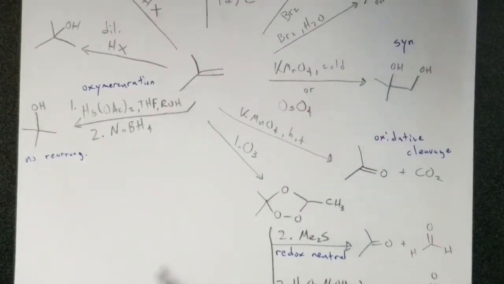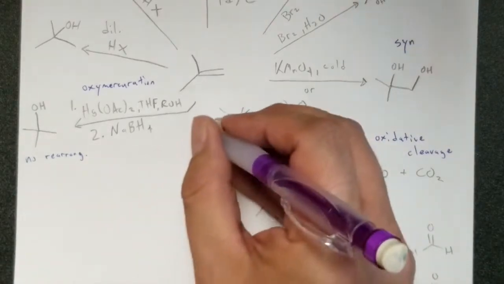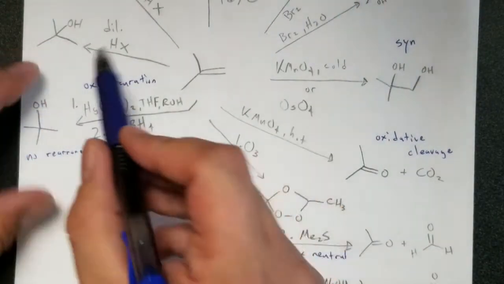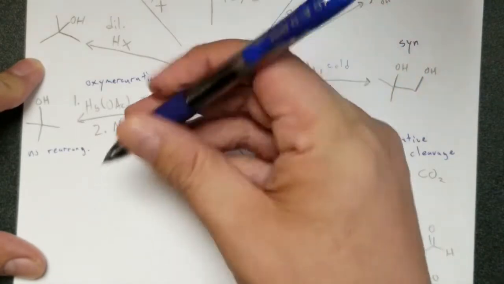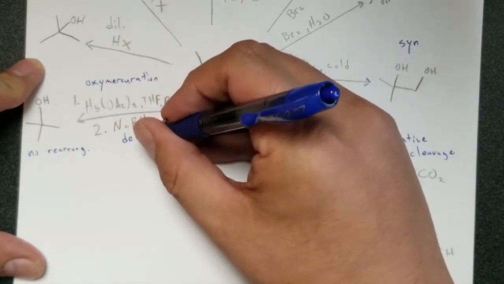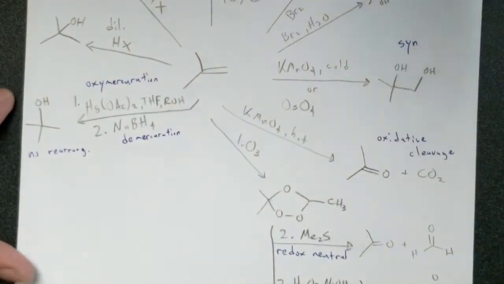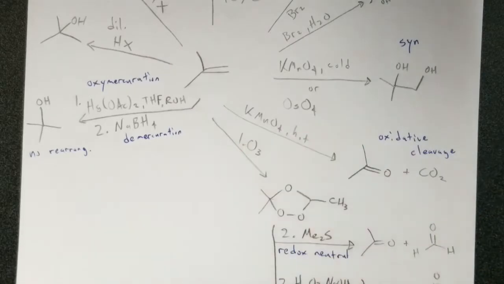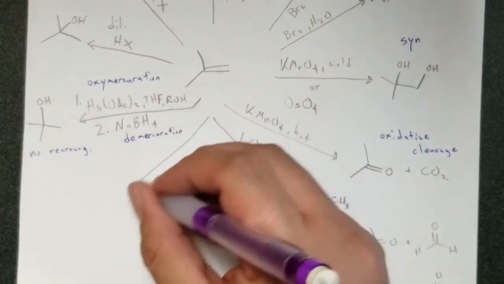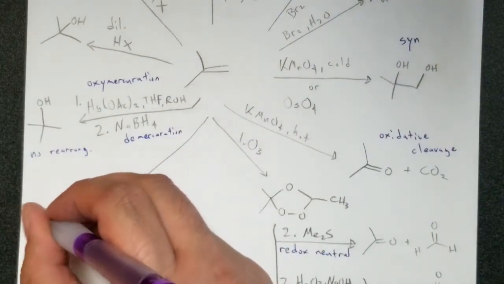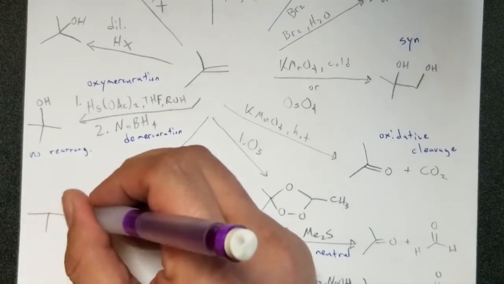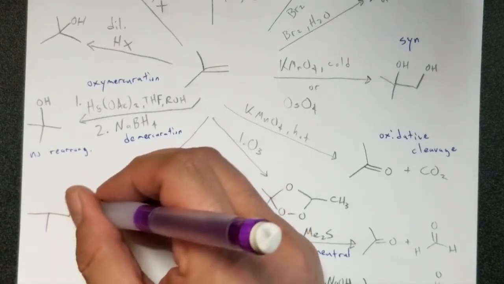All right, some more alternatives for this reaction here. So right here, this is oxymercuration, demercuration. So what if I want to get the other product here? So, oops, I want to put the OH over here.